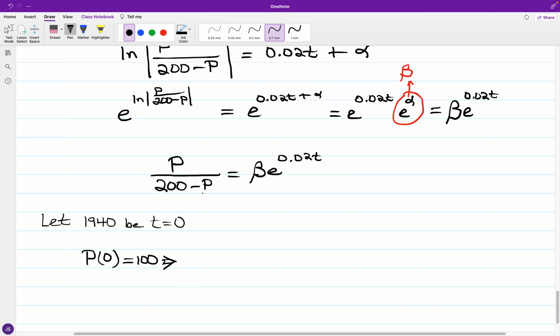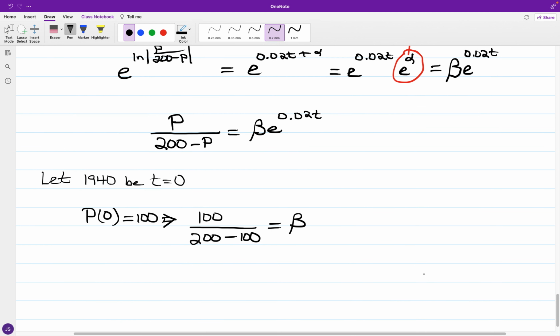And we take this into the established equation. So we got 100 all over 200 minus 100 equals beta times e to the 0. Guess what? E to the 0 is 1. And guess what? We have 100 over 200 minus 100. That is going to be a 100 to 100 ratio. So we have that beta is equal to 1.